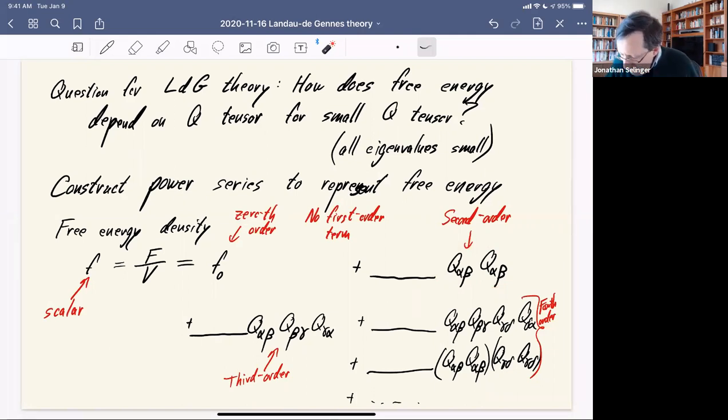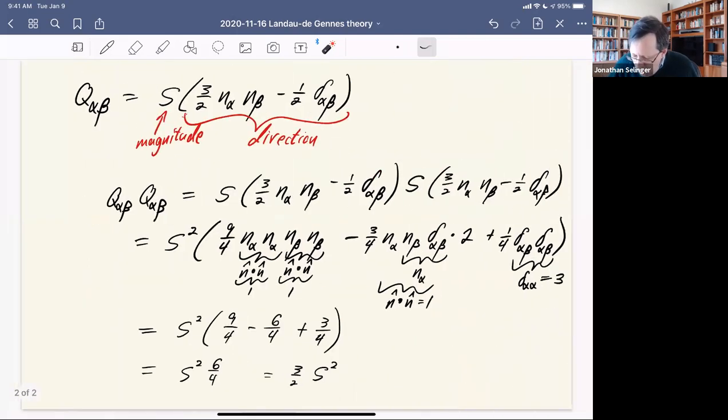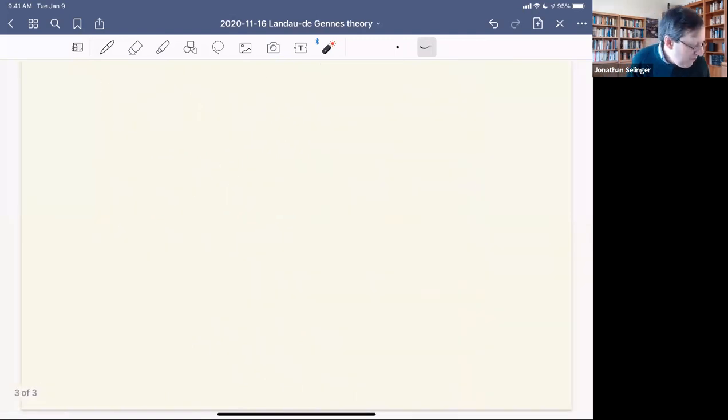So whatever this unknown coefficient is, I'm going to multiply it by 3/2 s squared. Now we can do the same thing with the other combinations of tensors, and maybe I'll just save time by skipping to the answers there.